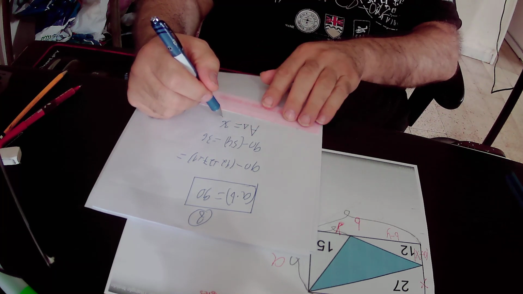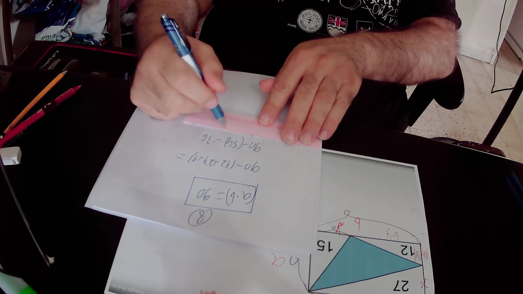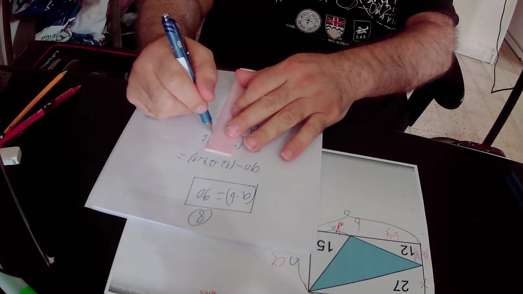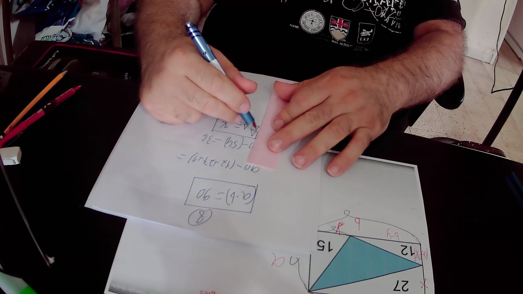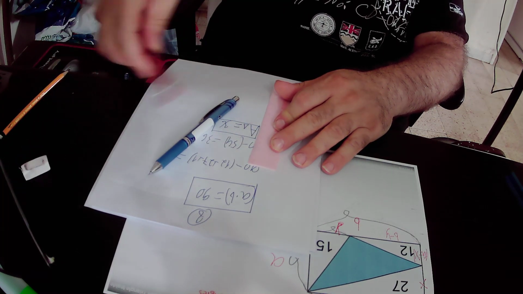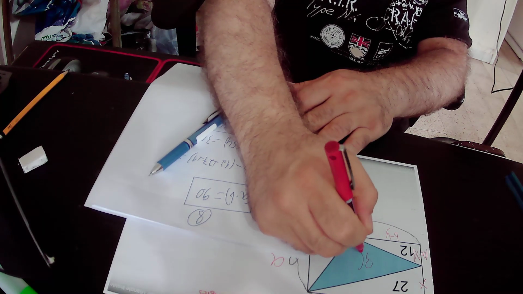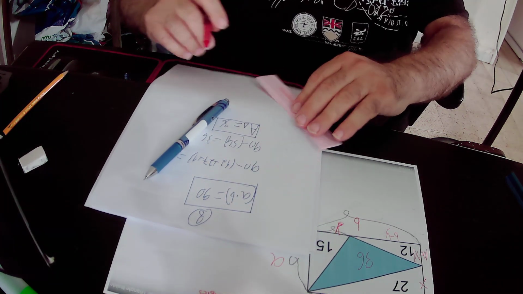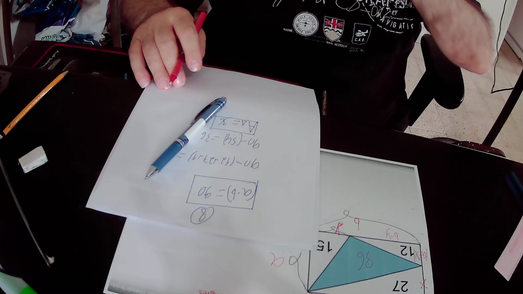Okay, so the area of the blue triangle equals 36 units.